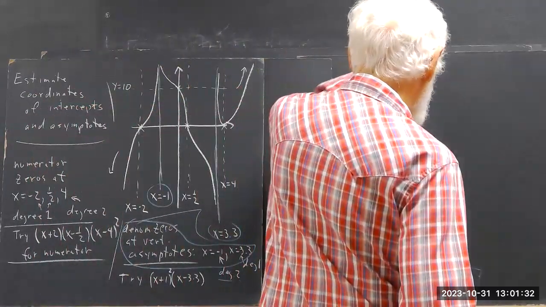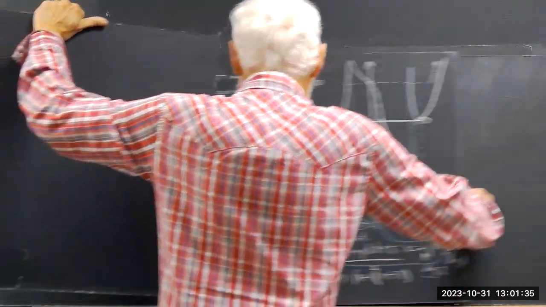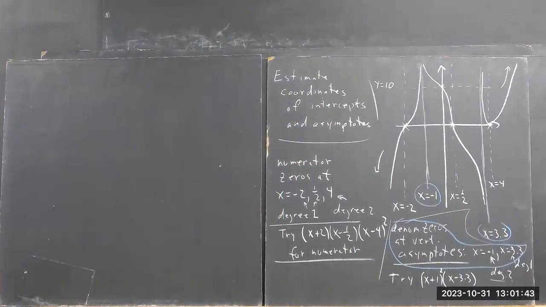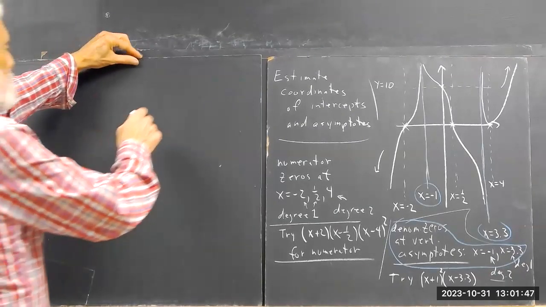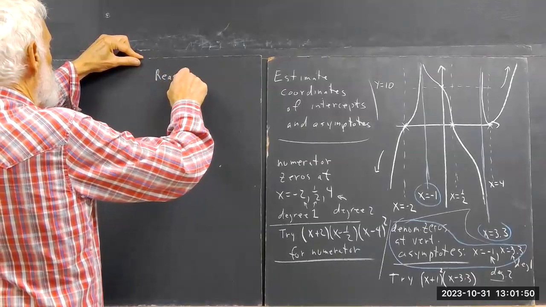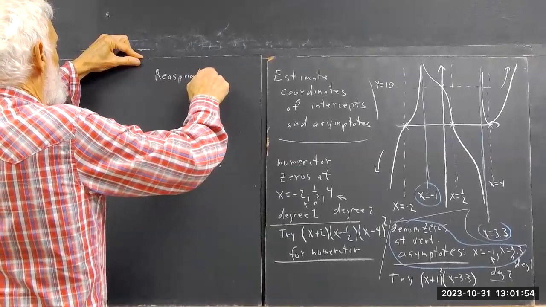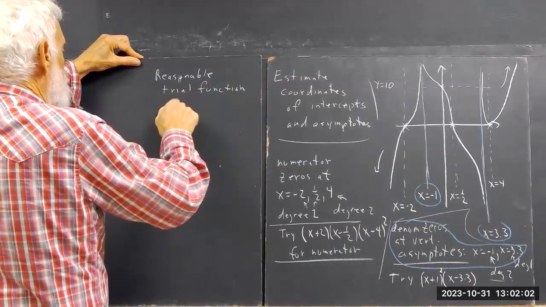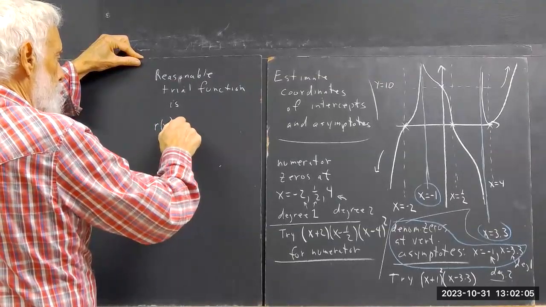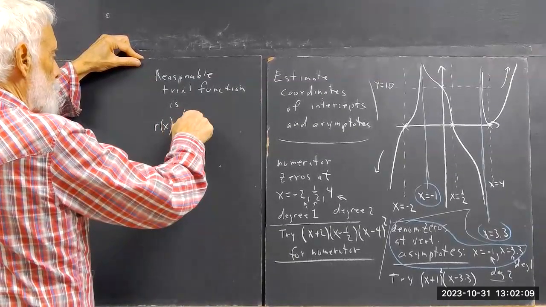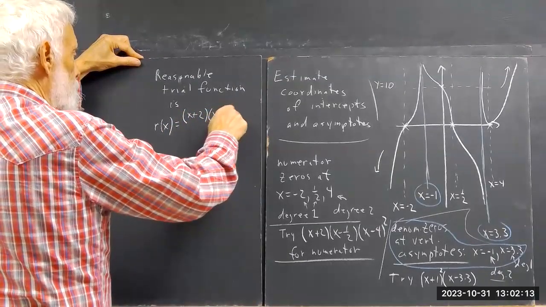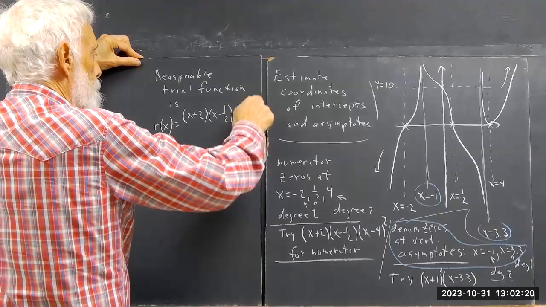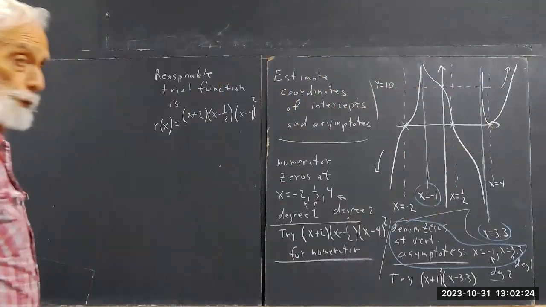All right, so we conclude that a reasonable estimate of this function, r of x, equals x plus 2 times x minus 1/2 times x minus 4 squared, because you put a squared factor at x equals 4.